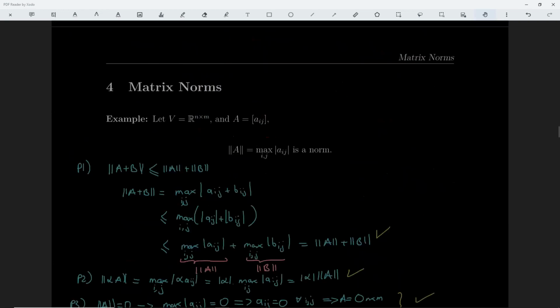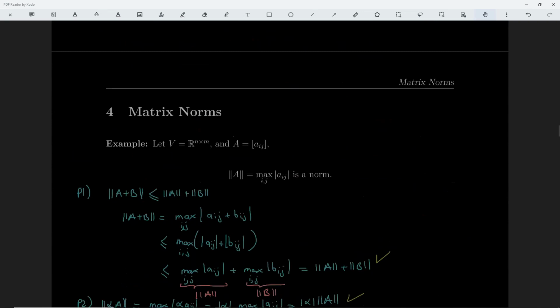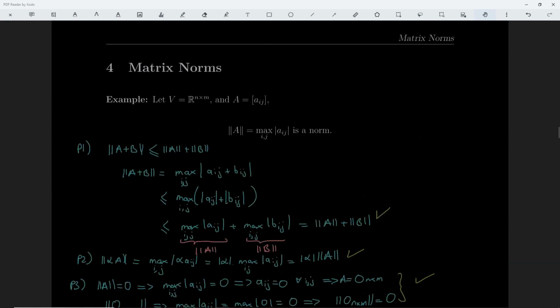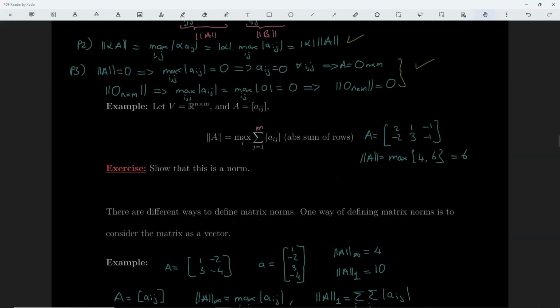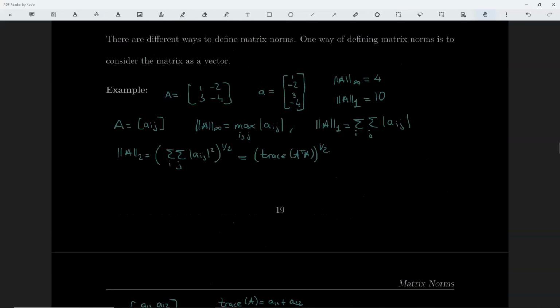For the first example, you can treat the matrix as a vector. But when we're talking about the maximum absolute sum of rows, you need to do something else, right? The maximum of the absolute sum of rows does not correspond to this vectorial definition.